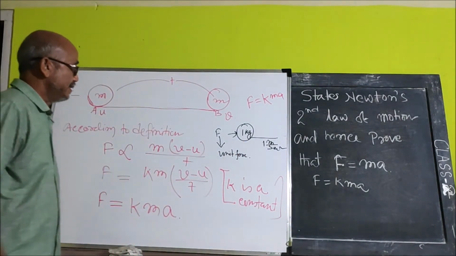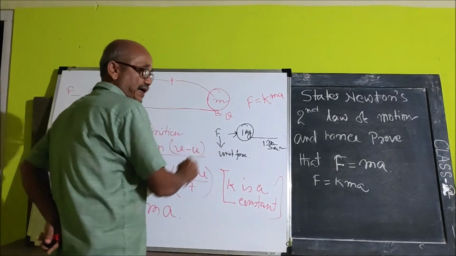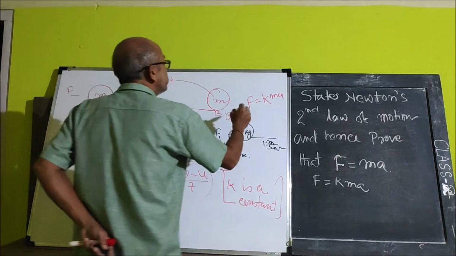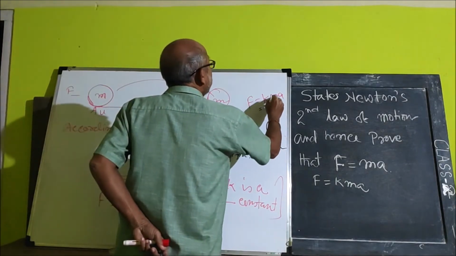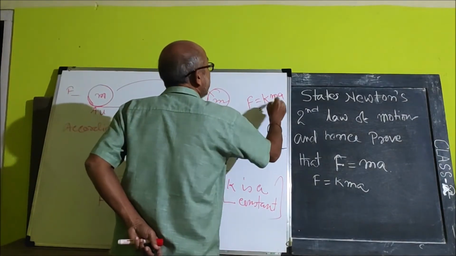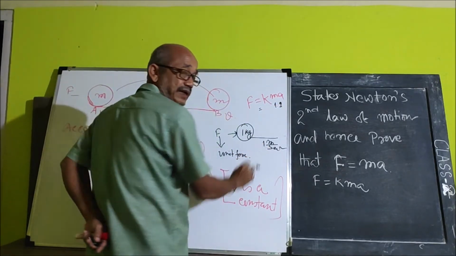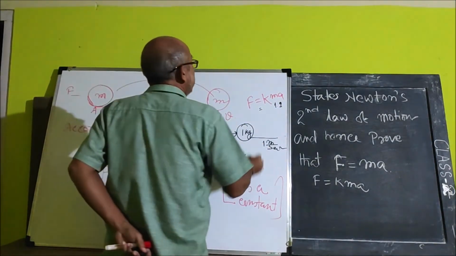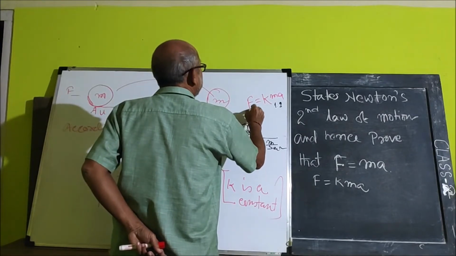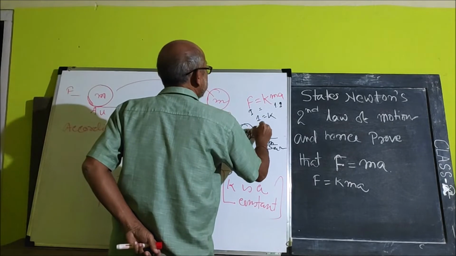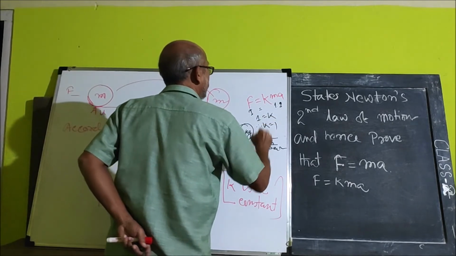If we put M equal to 1, A equal to 1, and F is 1, then 1 equal to K, that is K equal to 1.